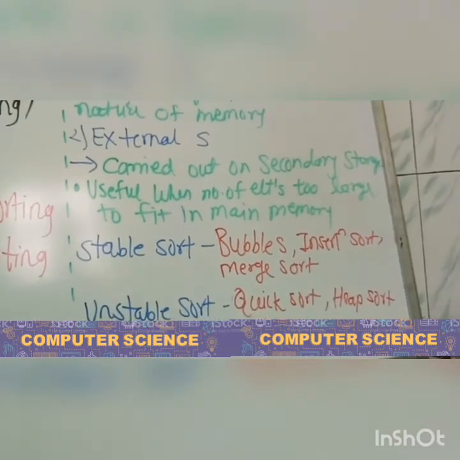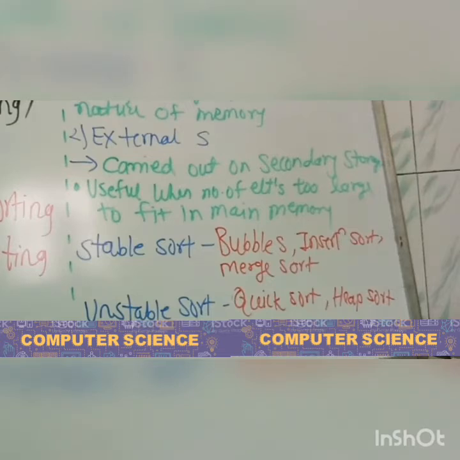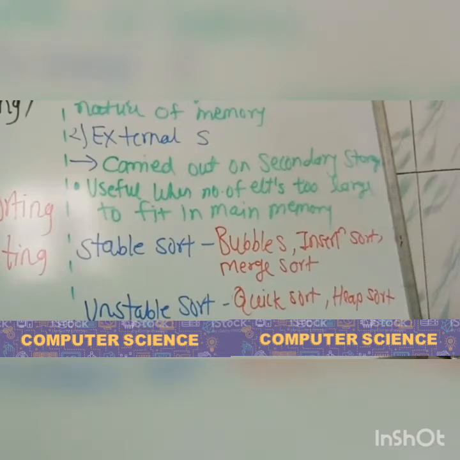Now we will categorize some sorting techniques according to stable sort and unstable sort. First of all, I will explain the stable sorting method. What is the stable sorting method? When any two consecutive data elements in your unsorted list appear the same way in the sorted list, it is known as a stable sort.